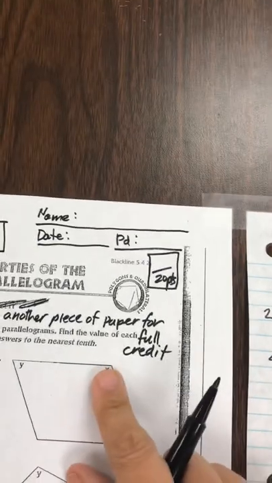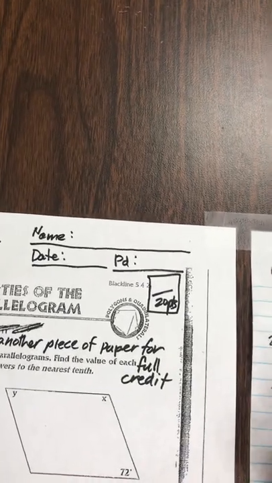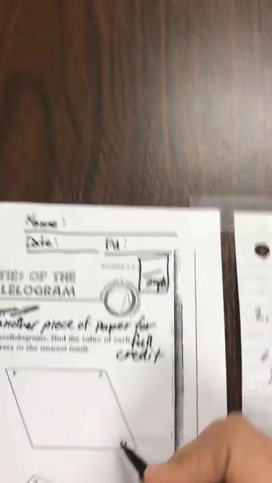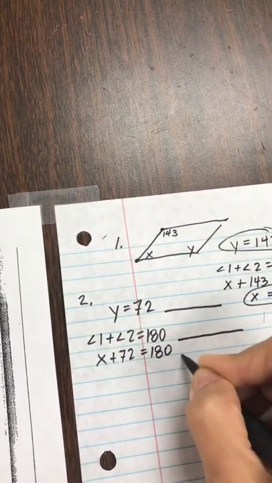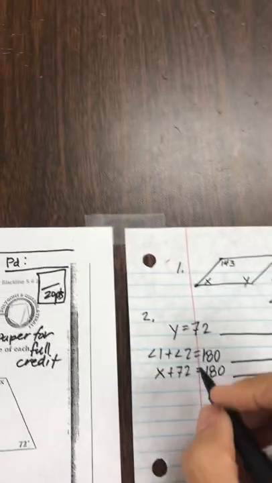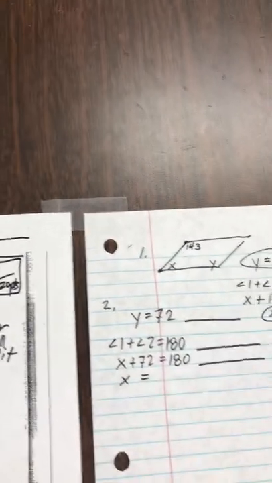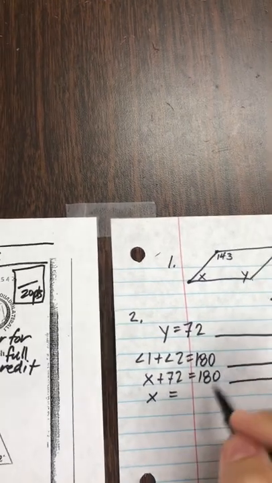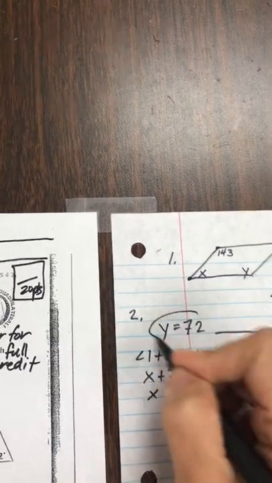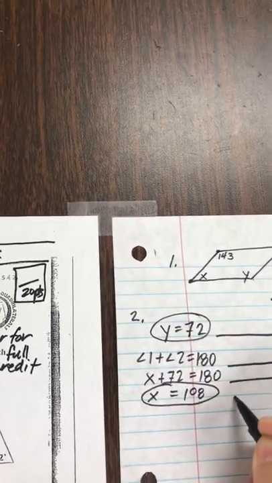Let's see, angle 1 we said was x. Angle 2 we said was 72. That's a reason there, right? And then I think x here would equal 108.